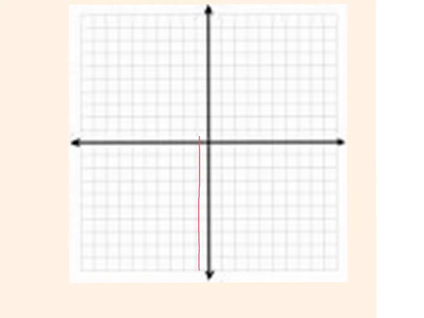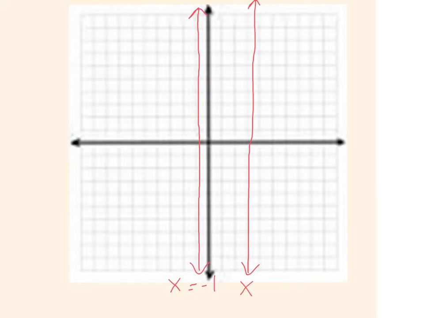It's right here. There's x equals negative 1. And x equals 3 is right over here. I'll mark these accordingly. That's x equals negative 1. That's x equals 3.